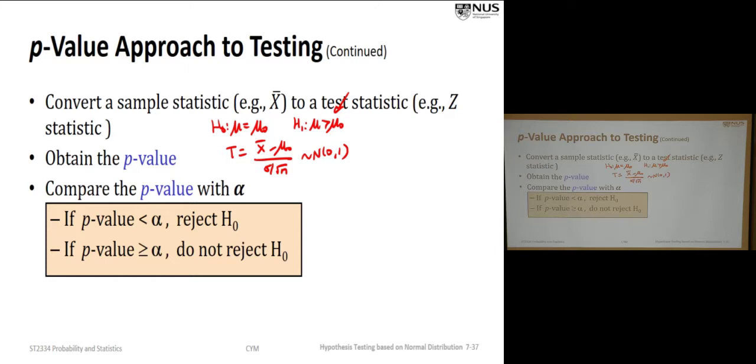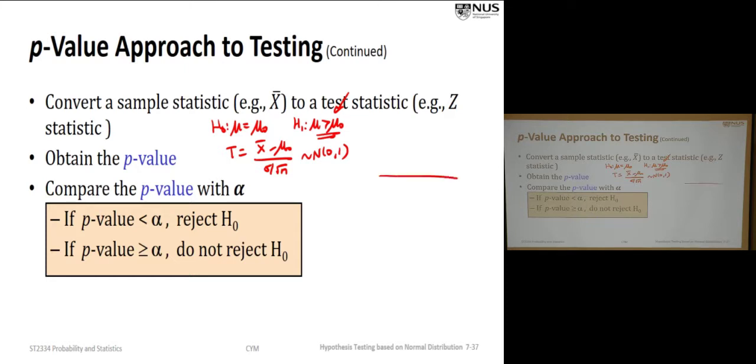Why? Because your mu is a number bigger than mu naught, so your x bar should be close to mu. Therefore, you expect your x bar to be bigger than mu naught. So if this is true, you expect a bigger, positive observed value.